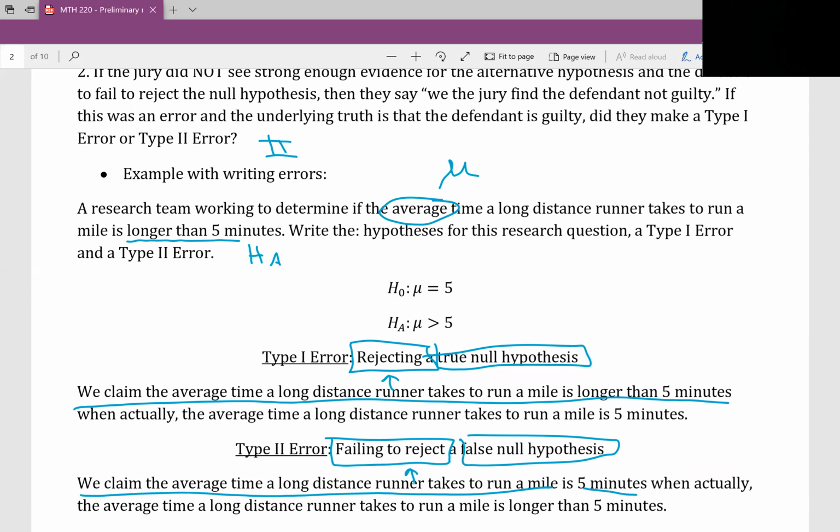But actually, we made an error. If our null is false, then that means the average time is longer than 5 minutes. So we claim the average time a long distance runner takes to run a mile is 5 minutes, when actually the average time a long distance runner takes to run a mile is longer than 5 minutes.